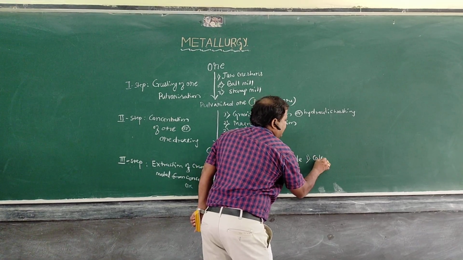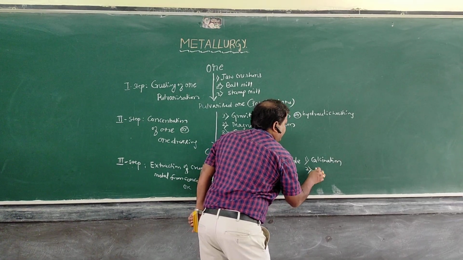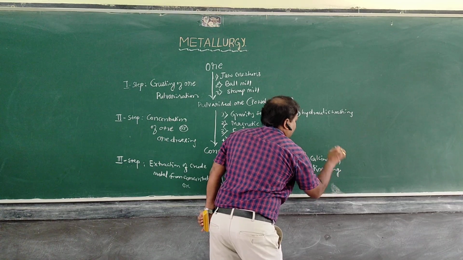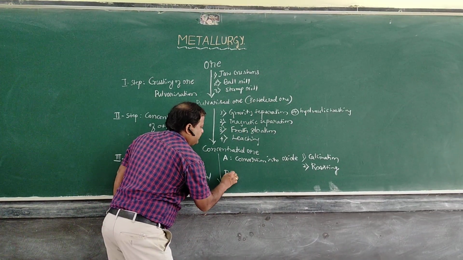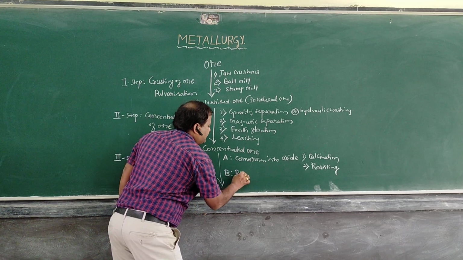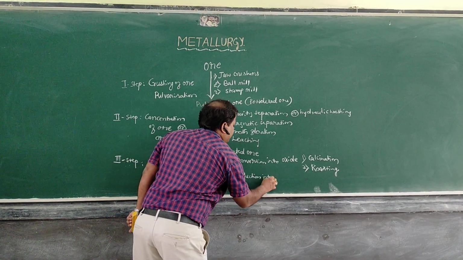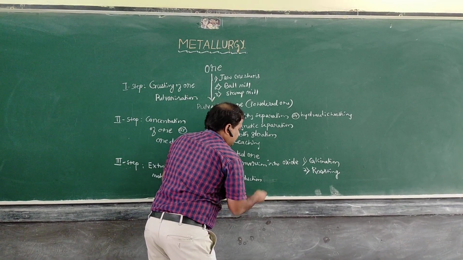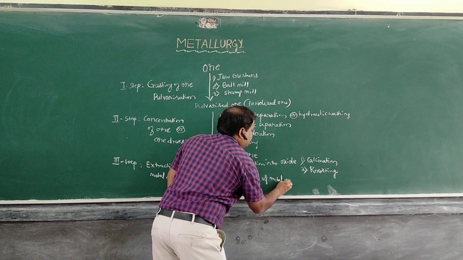Conversion into oxide consists of two processes: one is calcination and the second one is roasting. Another section is reduction of metal oxide to metal.